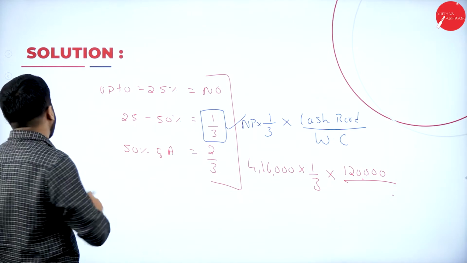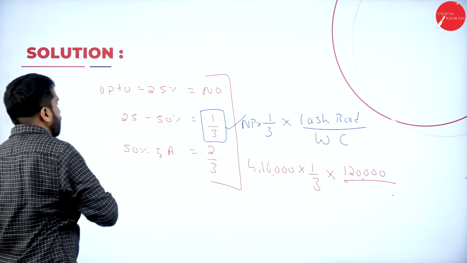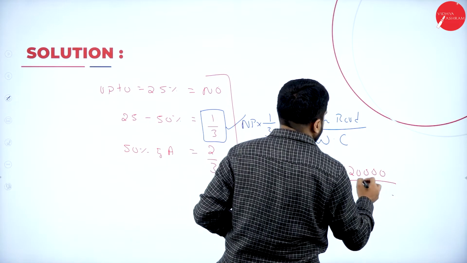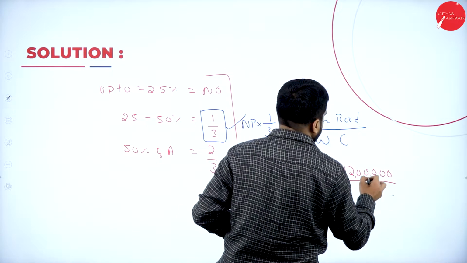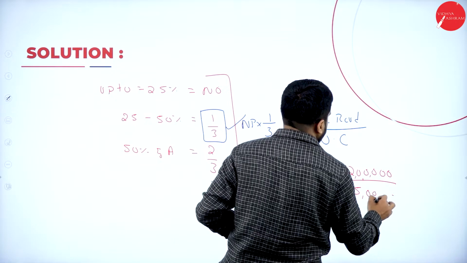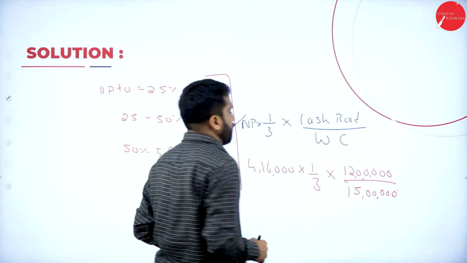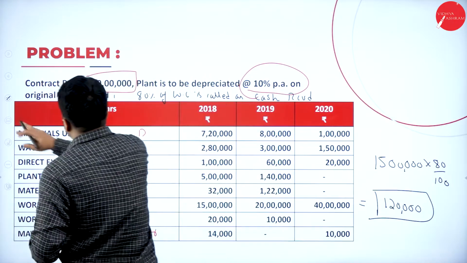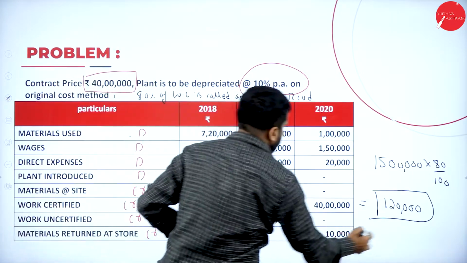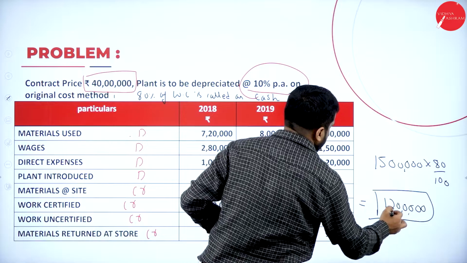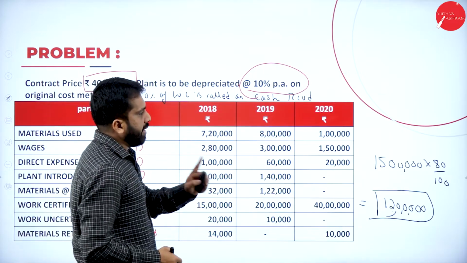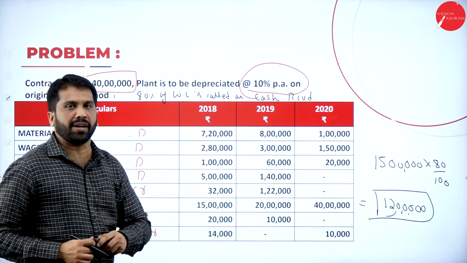Now, if you go as per this, what is your work certified? It is 15 lakh, and the cash received is 12 lakh. So 15 lakh into 80%, you will get 12 lakh.